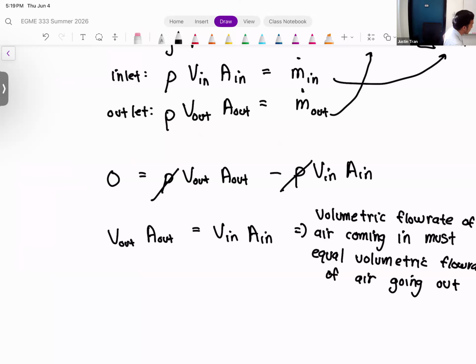So volumetric flow rate in has to equal volumetric flow rate out, and conveniently, in part A we already computed the volumetric flow rate.